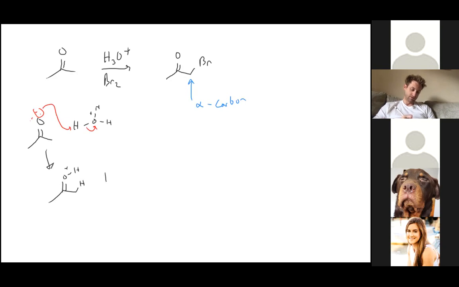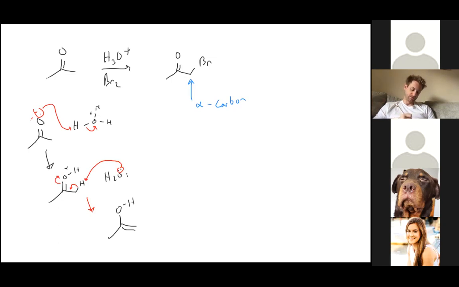This water can then deprotonate to give us this enol here.